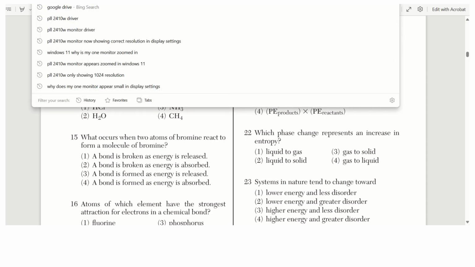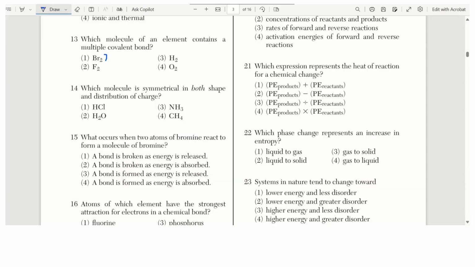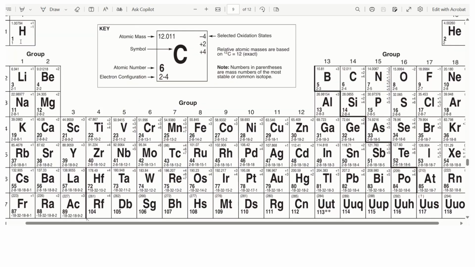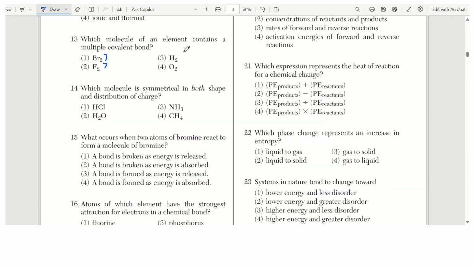Fluorine, which is in the same group, also has 7. Hydrogen has 1, and oxygen has 6. Okay. Why does that matter? So if I'm bonding a hydrogen to a hydrogen, and each hydrogen only has 1 valence electron, I only need 1 bond to pair those up. And so bromine and fluorine both have 7 valence electrons, so I can tell you they're not going to be the answer because they would follow the same pattern.